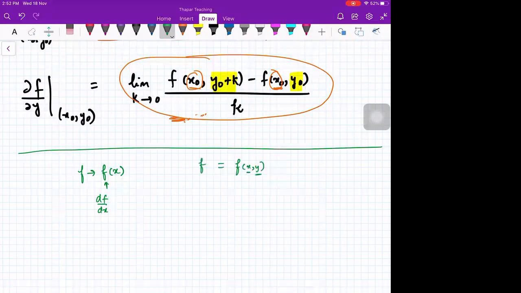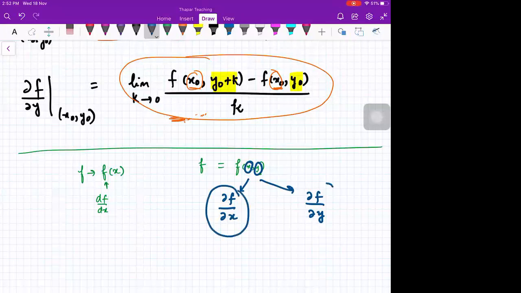So there is a rate of change of f with respect to x, as well as a rate of change of f with respect to y, right? Now, because there are two derivatives involved, that is why we call them partial derivatives. Is that thing clear? Yes.